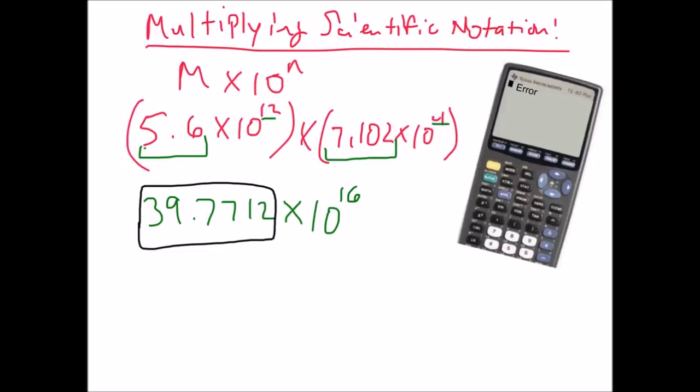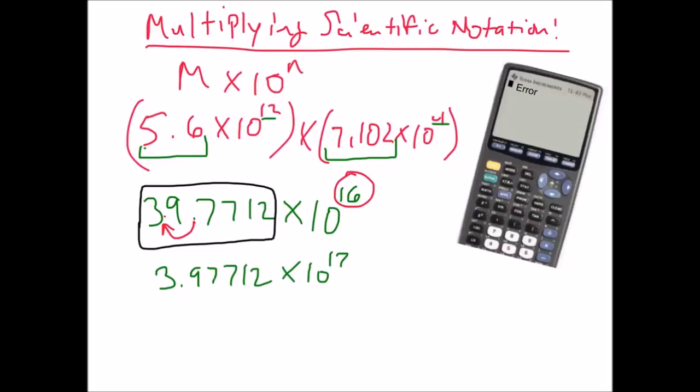So what we have to do is take that decimal and move it back one more spot, and that's going to increase the exponent over here by one more. So we get 3.97712 times 10 to the 17th.